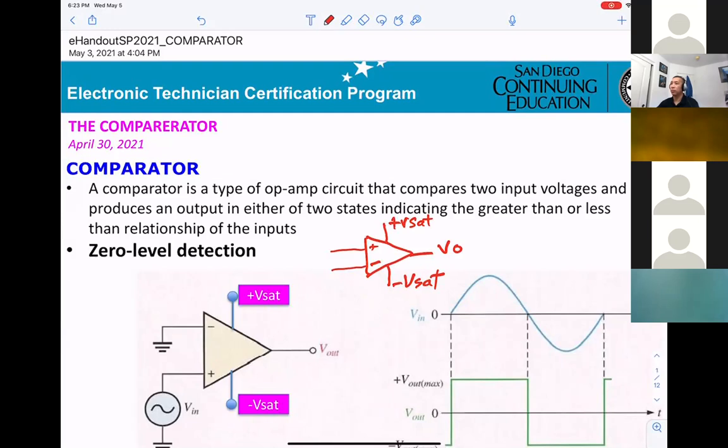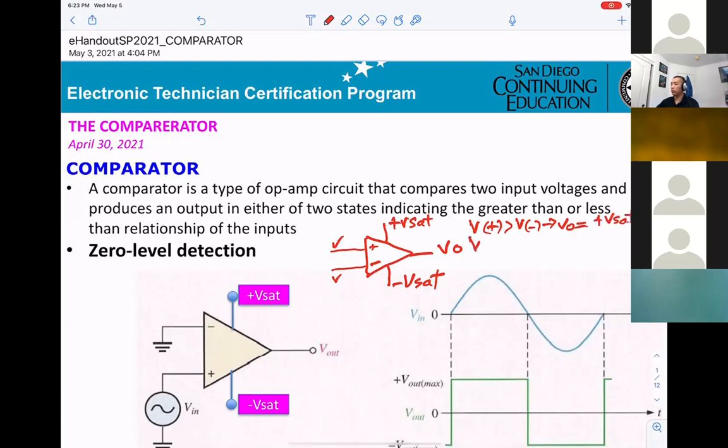Now, the comparator just compares the positive input here to the negative input here to see which input is higher. So basically, if V at the positive is higher than V at the negative, then that will give you V out equal to plus V saturation.